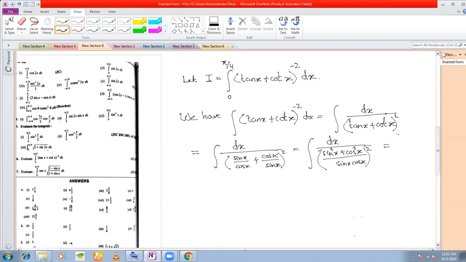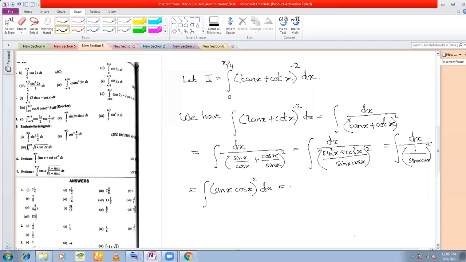So this is integration of dx divided by, this is 1 by sin x cos x whole square, which is integral of sin x cos x whole square dx. So how will you evaluate this? Sin x cos x.